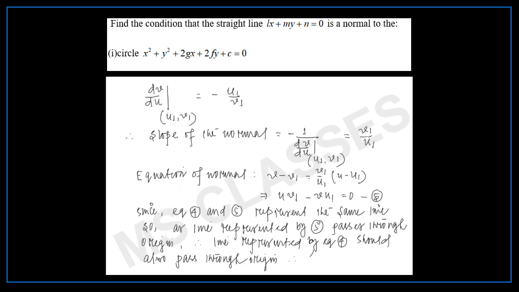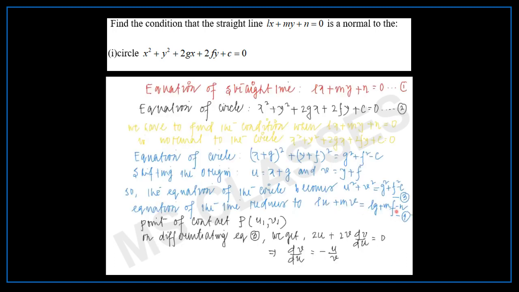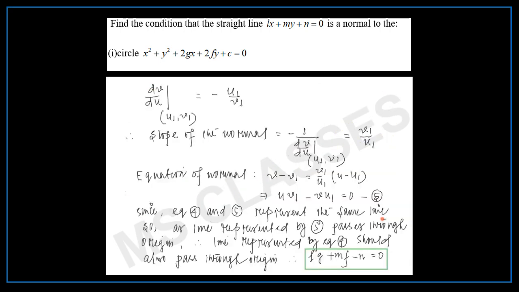And therefore, Lg + Mf − N = 0. Because if a line passes through the origin, then the intercept should be equal to 0. Here, the intercept for the line given by equation 4 is this one. So that should be equal to 0, which is the required condition.